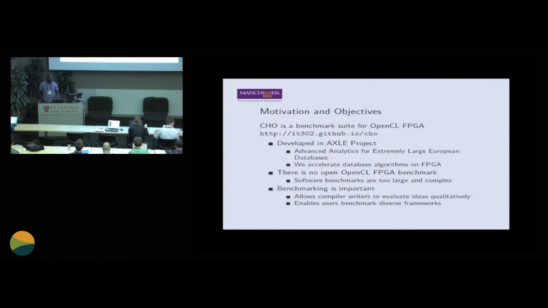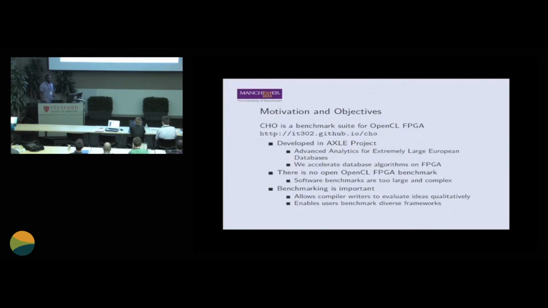You'll be asking, why are we doing FPGAs? Well, the mandate of AXL is to speed up large volume data analytics. One of the things we're doing is running database algorithms on FPGAs using OpenCL. We use other software to hardware compilation tools like C and CHO and other types of software to hardware compilation.